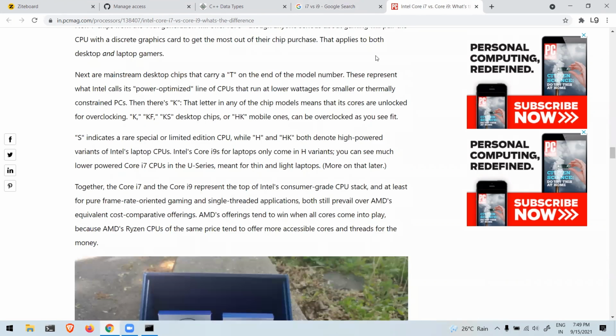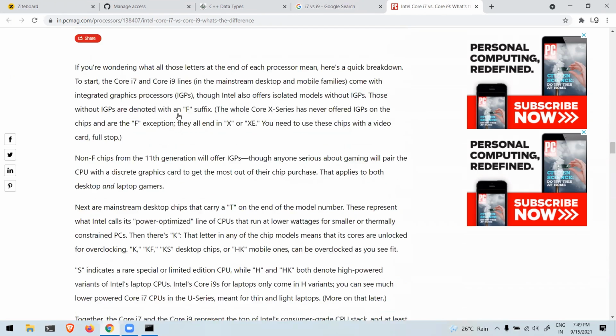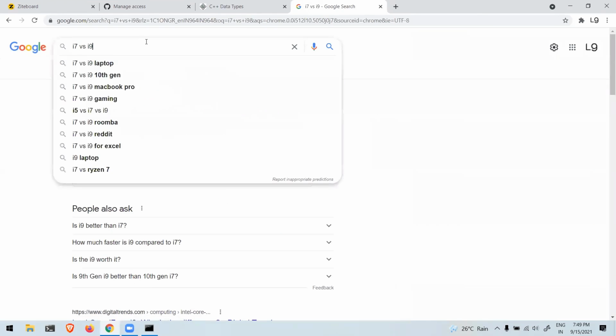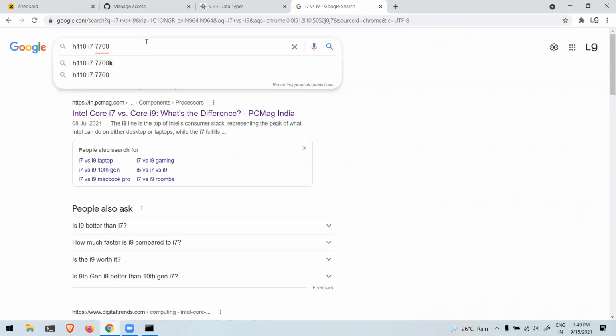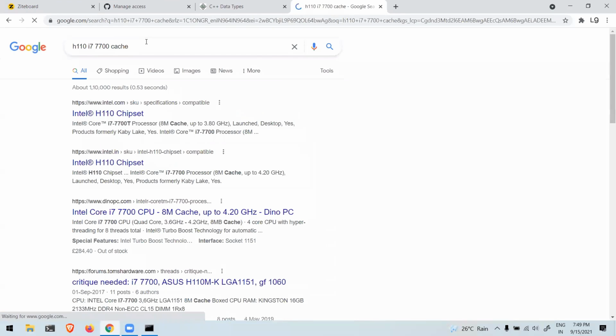I think we'll need to go to the documentation of Intel itself to find that out. So i7, let's say some variant H1, should show something. Yeah, cache. Let's see if it shows us something.